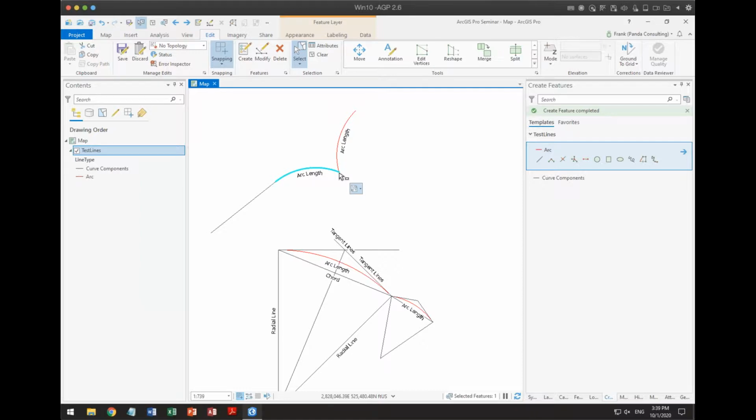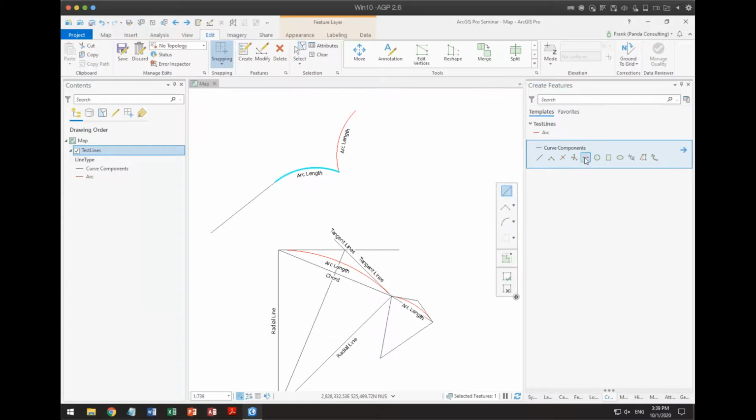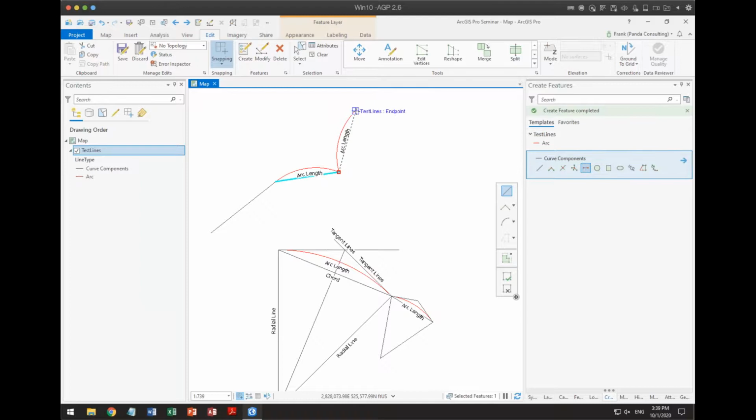You put this in so that this curve is defined by where the radius stands relative to the curve itself. The radius is here, so this is a curve to the right. This is also a curve to the right, but you define the orientation on it differently.